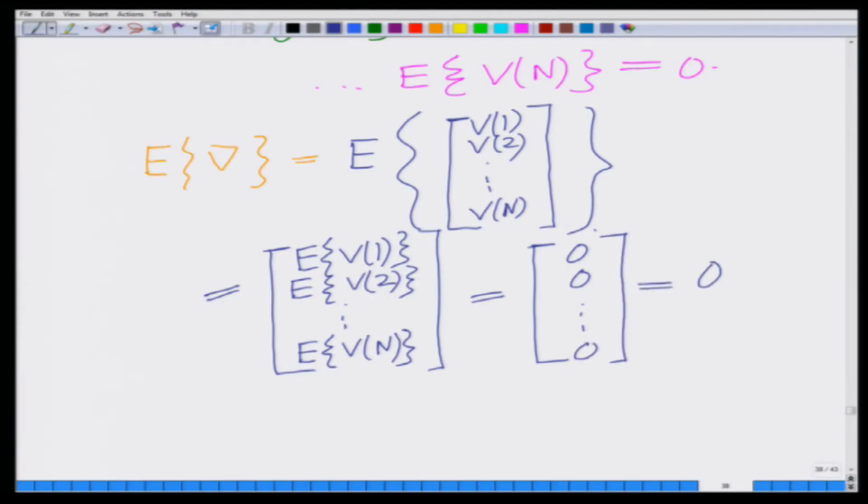So, this is the n dimensional 0 vector, and this is fairly natural again.